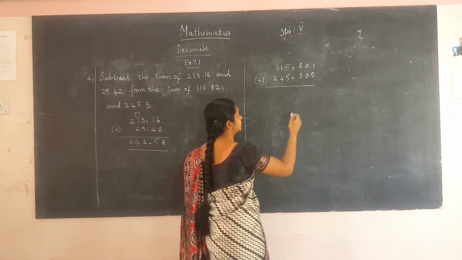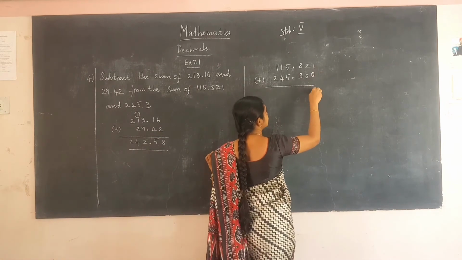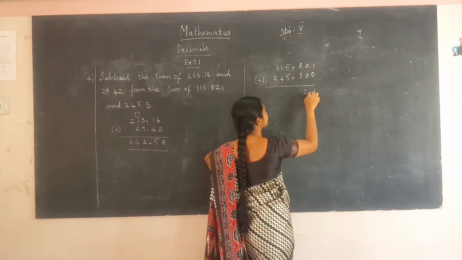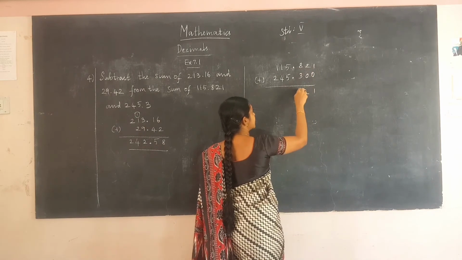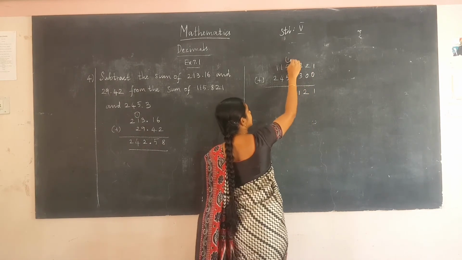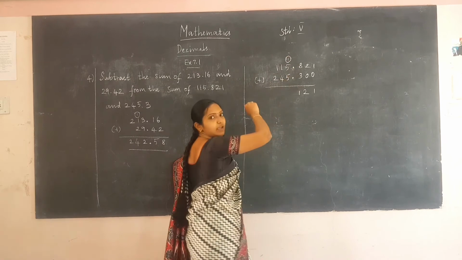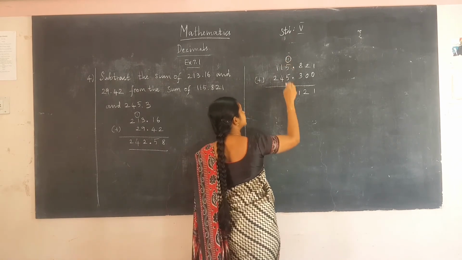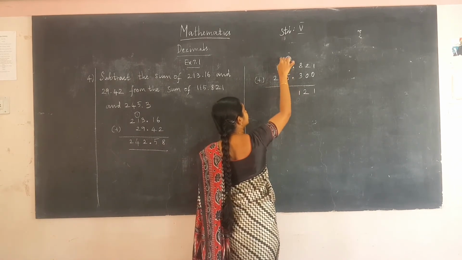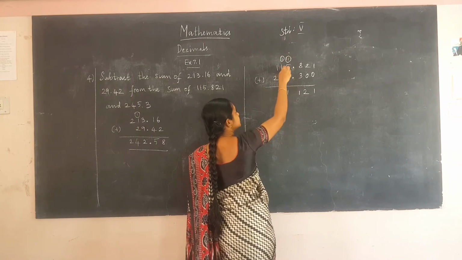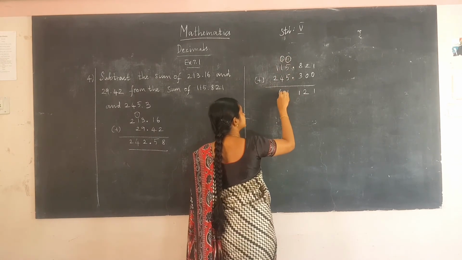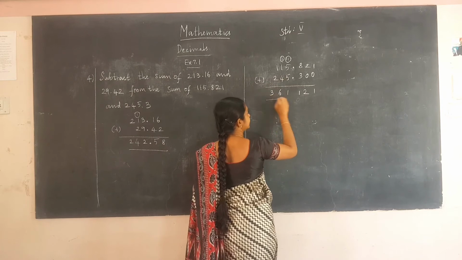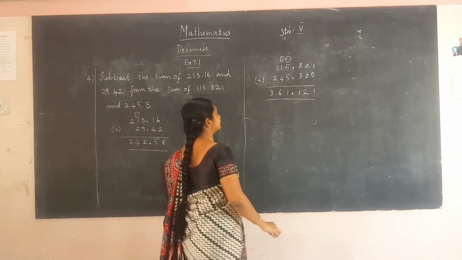Now we have to add. 1 plus 0 is 1, 2 plus 0 is 2, 8 plus 3 is 11. So write 1 here and 1 is carried to the next place. 5 plus 5 is 10, 10 plus 1 is 11. Carry 1 to the next place. 4 plus 1 is 5, 5 plus 1 is 6, 2 plus 1 is 3. Here the decimal point.